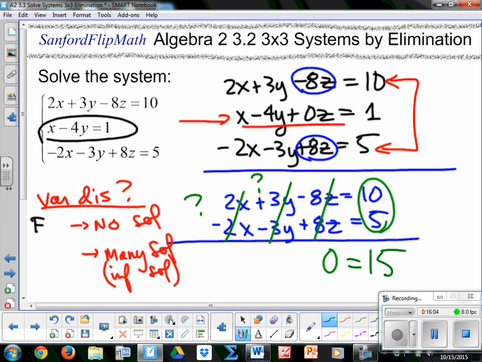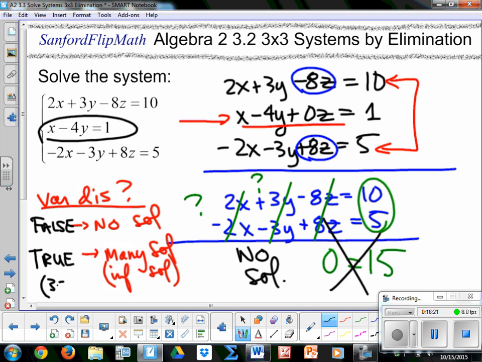If what you see is false, like 0 is equal to 15, no it's not, then it's no solution. So this guy was no solution. If what you see is true, like if it came out 3 equals 3 or 0 equals 0, then it would be many solutions. Okay, so we're done with this system.